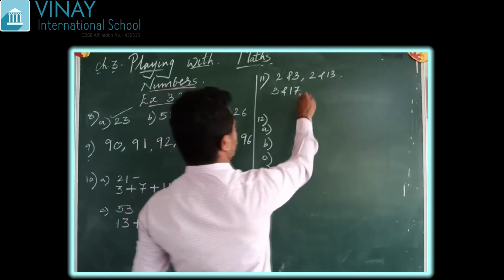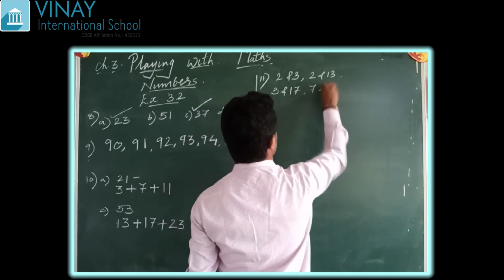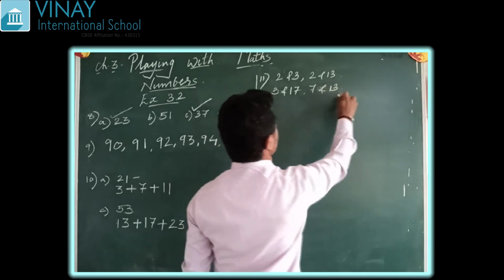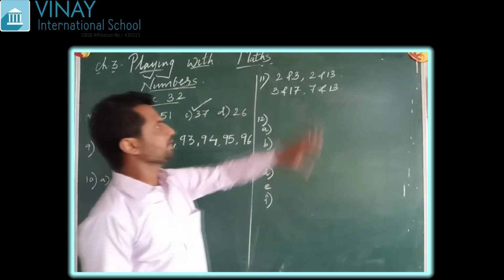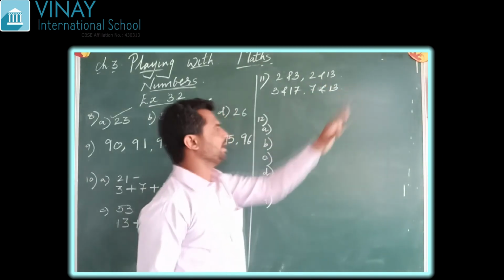Then next we can have 7 and 13, which is again 20, and again it is divisible by 5.